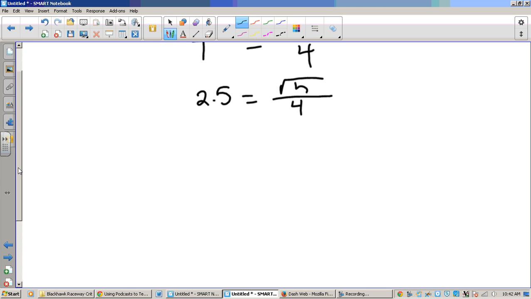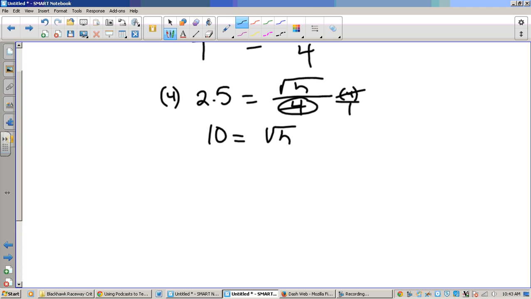So if I'm going to solve for h here, I've got this 4 in the denominator. Well, if I'm dividing by 4, I can simply multiply both sides by 4. Those will cancel each other out, and I'm left with 2.5 times 4 is 10 equals the square root of h. Well, you're asking yourself, what times itself equals 10?